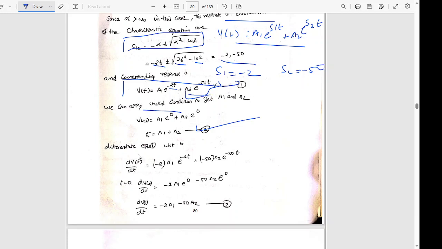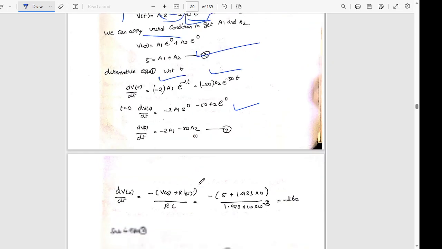So dv of t by dt is minus 2 a1 e power minus 2t minus 50 a2 e power minus 50t. Now substitute t equal to 0: dv of 0 by dt equal to minus 2 a1 minus 50 a2. This is my equation number 3.